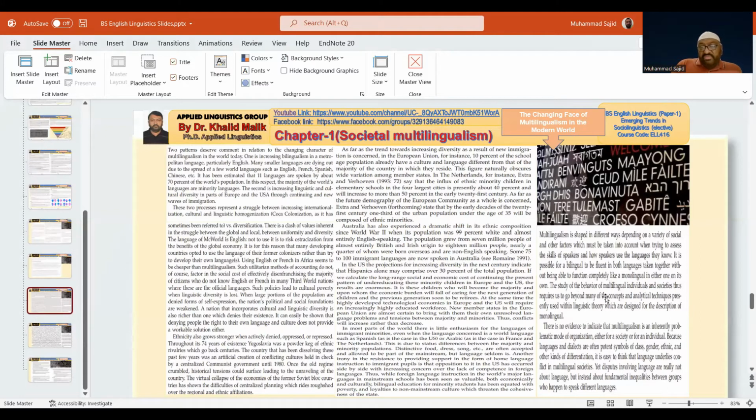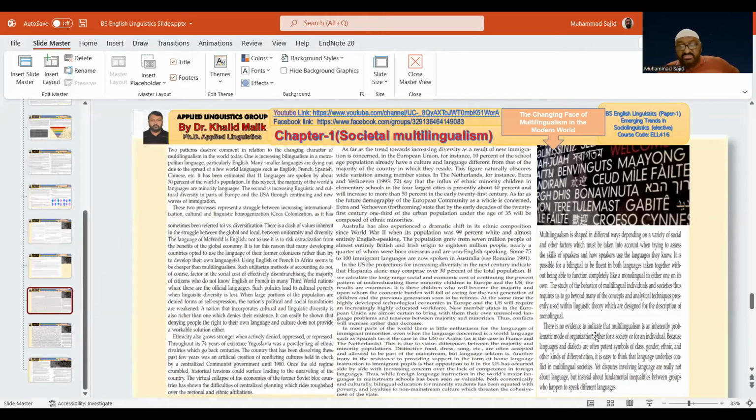The study of the behavior of multilingual individuals and societies thus requires us to go beyond many of the concepts and analytical techniques presently used within linguistic theory, which are designed for the description of monolinguals.